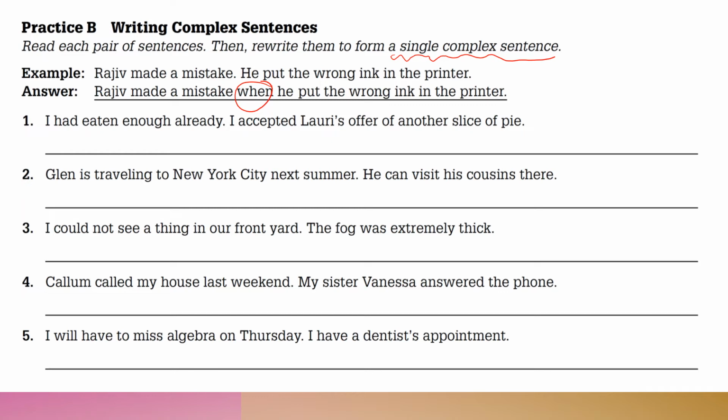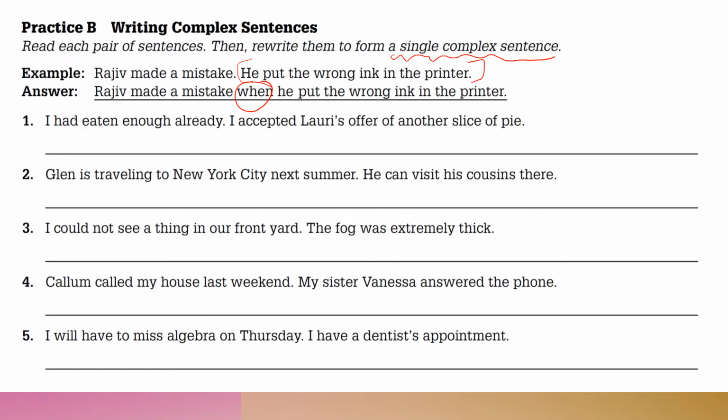You see, this one was considered a simple sentence. But as we added the subordinating conjunction when, we make this sentence a subordinate clause. We make it a dependent clause.